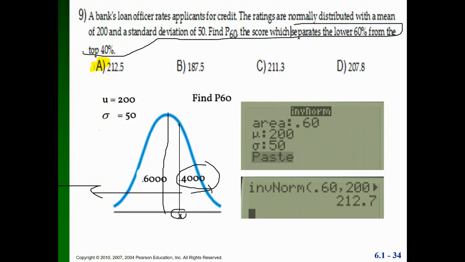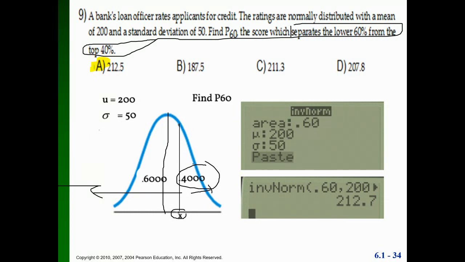Top 40, lower 60. So when you fill in your diagram, look back to the problem and see if you've labeled it properly. Lower will always be to the left. If you got 0.4 here, you've done it wrong. 0.4 is the top. You're not going to find the top to the left. Top is to the right.